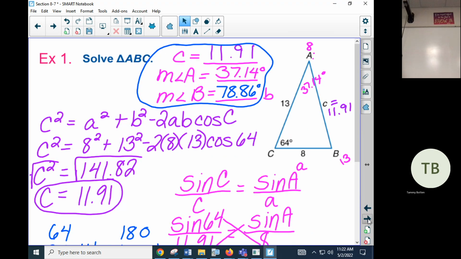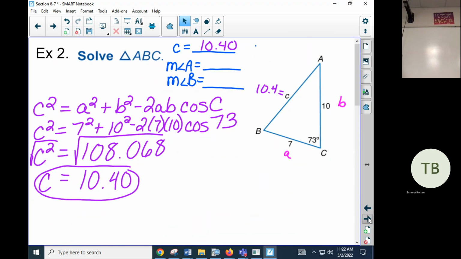I have an angle A across from a side that's 7, and an angle B across from a side that's 10. 7 is less than 10, so I'm going to find angle A first, using the law of sines.